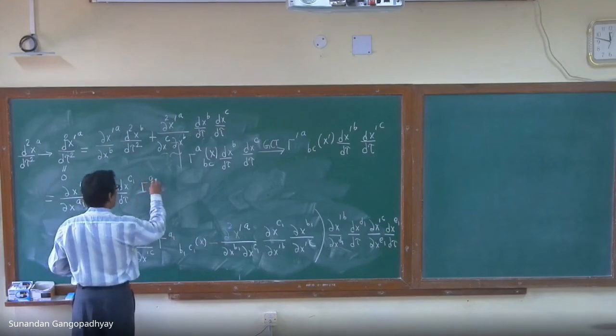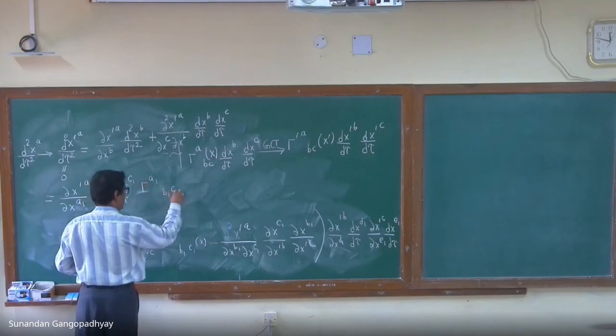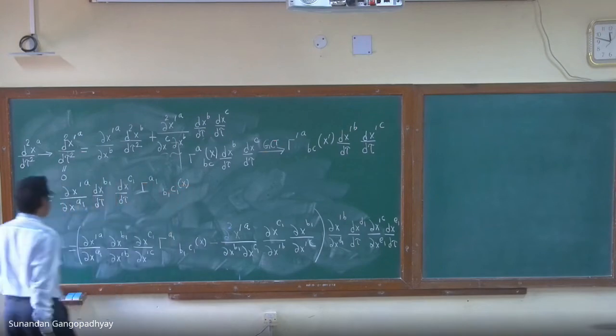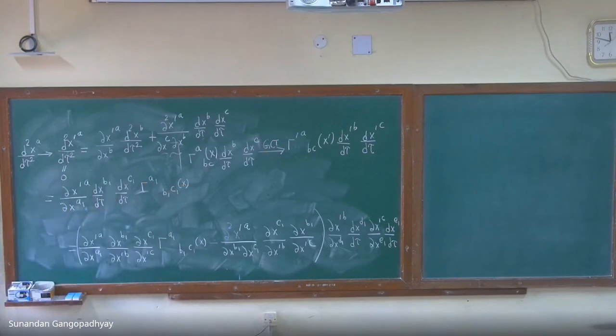Thank you. A1, B1, C1. Is it fine now? The first term is right, right? Now what about the second term? So if you multiply, get something out of it.